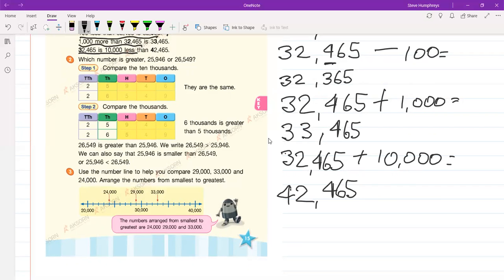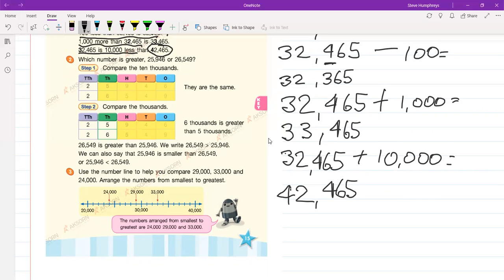That's going to be your answer there. 32,465 is 10,000 less than 42,465.